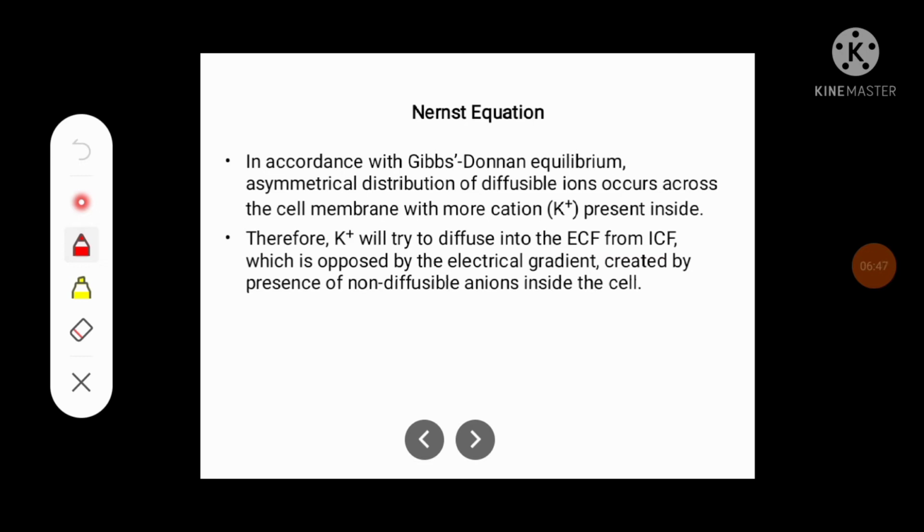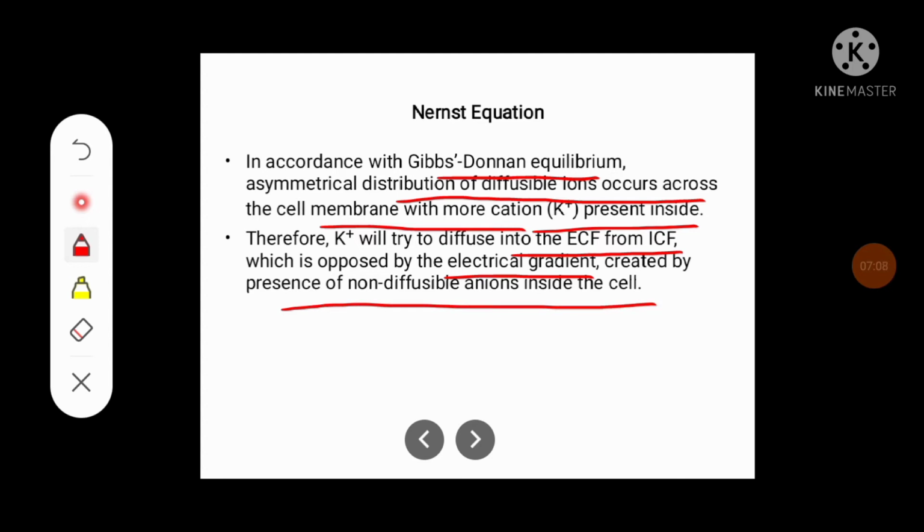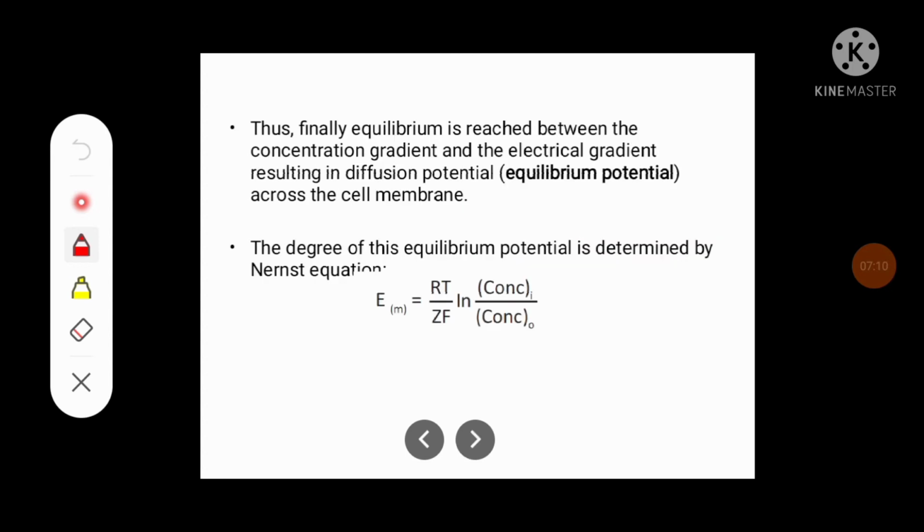Nernst equation. In accordance with Gibbs-Donan equilibrium, asymmetrical distribution of diffusible ions occurs across the cell membrane, with more cations present inside. Therefore, potassium will try to diffuse into the ECF from the ICF, which is opposed by the electrical gradient created by the presence of non-diffusible ions inside the cell.